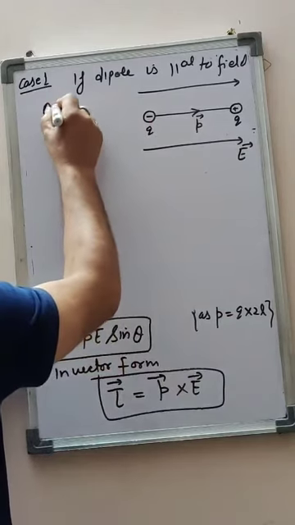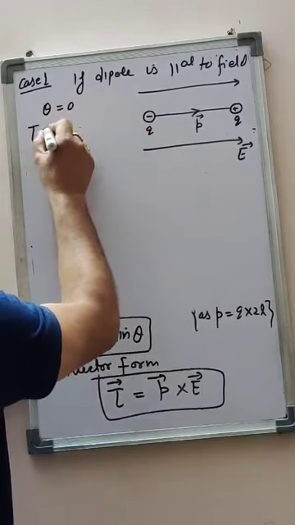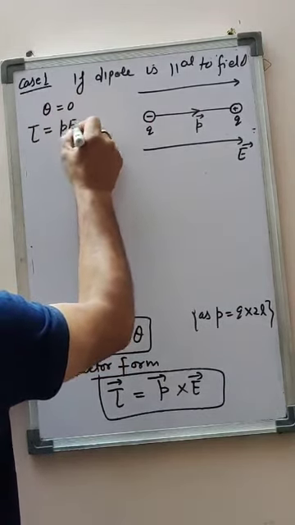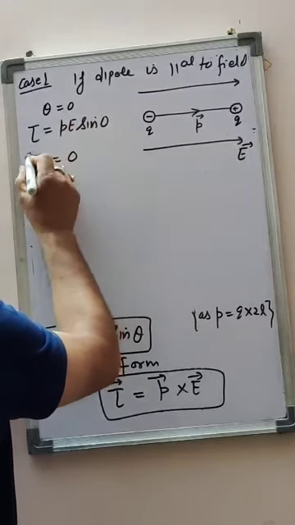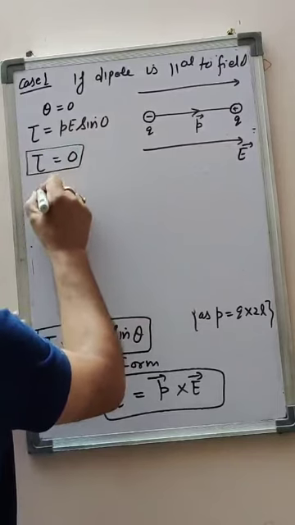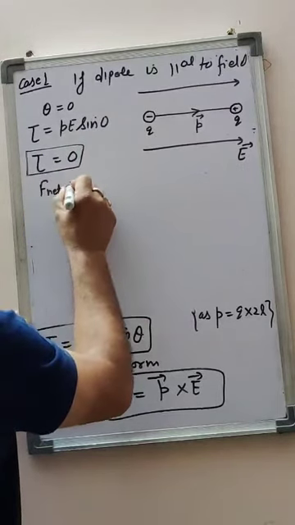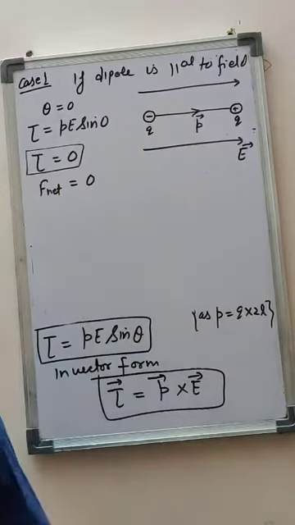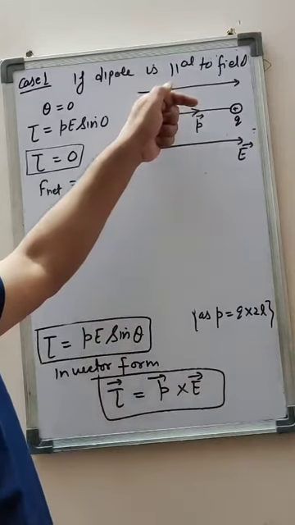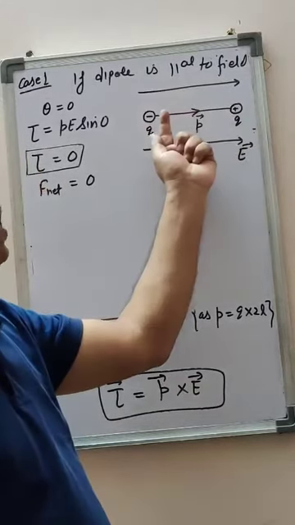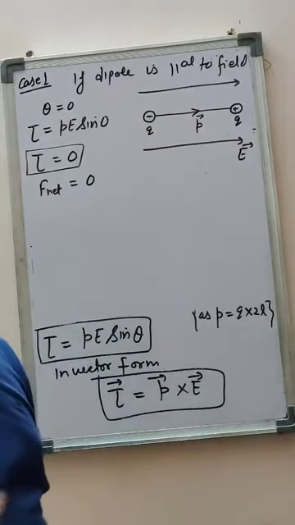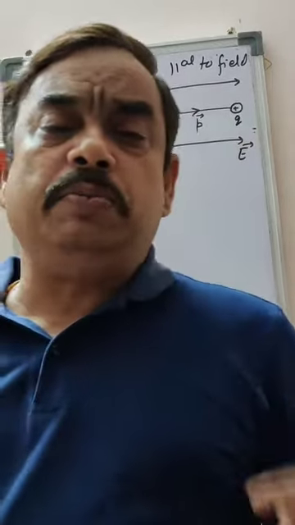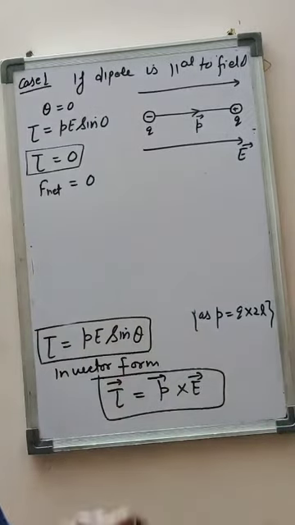Theta will be 0, torque will be pE sine 0, torque is 0. Also the net force will be 0 because plus q will be experiencing a force to the right and minus q will be experiencing a force to the left, and both the forces are equal to qE, so they will be subtracted and the net force is 0.